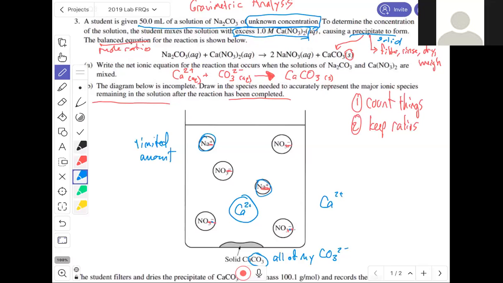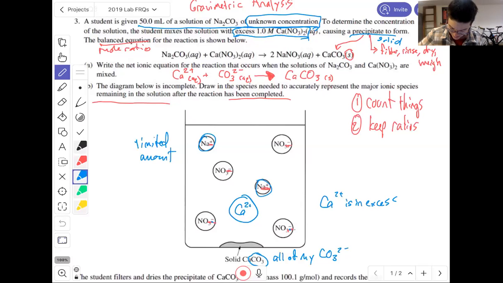Because the calcium is in excess. And really it's the calcium and the nitrate, but it's already showing you nitrate in excess. So what it was missing was the calcium in excess. So that's all they were looking for there. We know they're not going to ask you to draw a particle diagram, but again, they are most likely going to ask you to analyze one at some point.